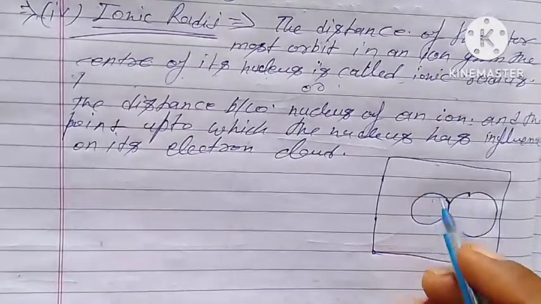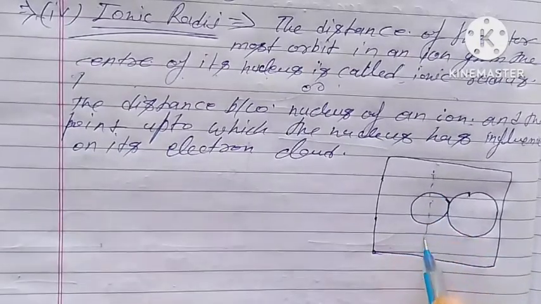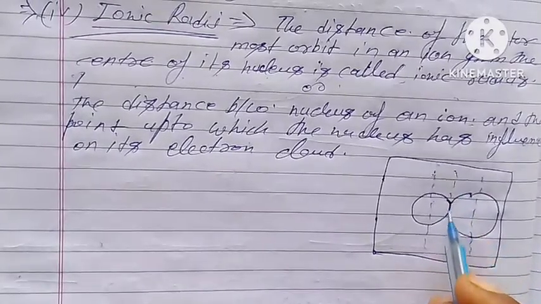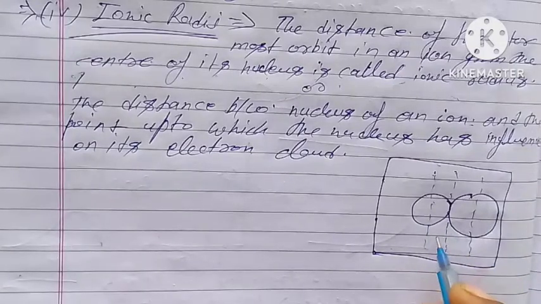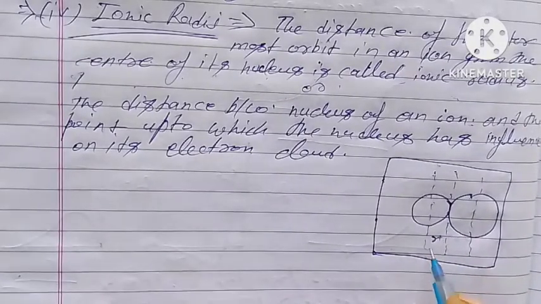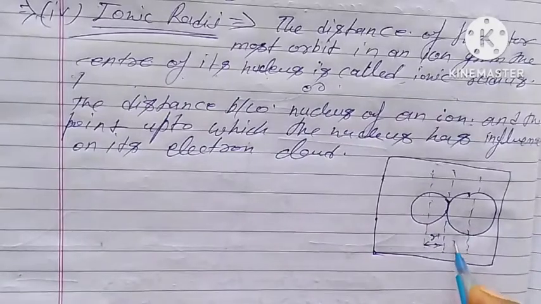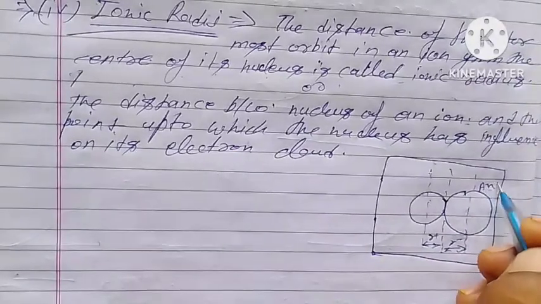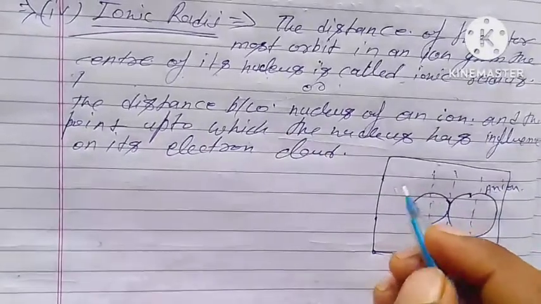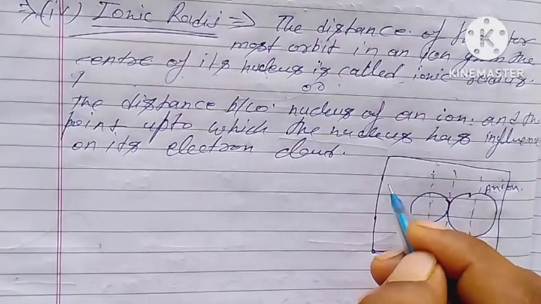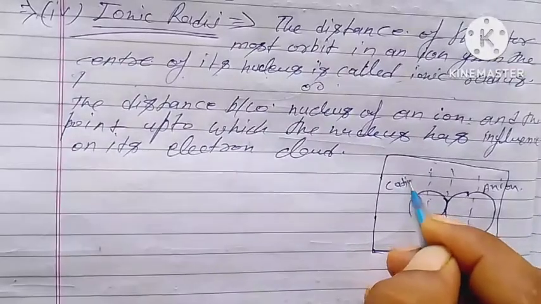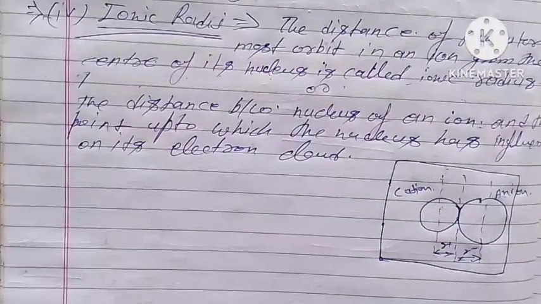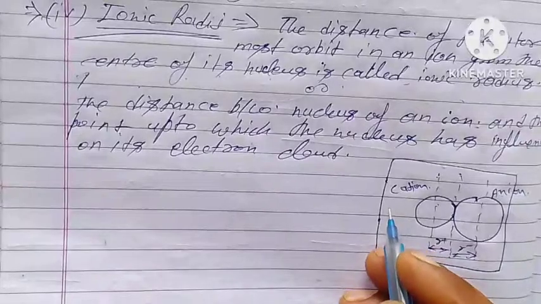R plus, R minus. This is an ion, and this is a cation.